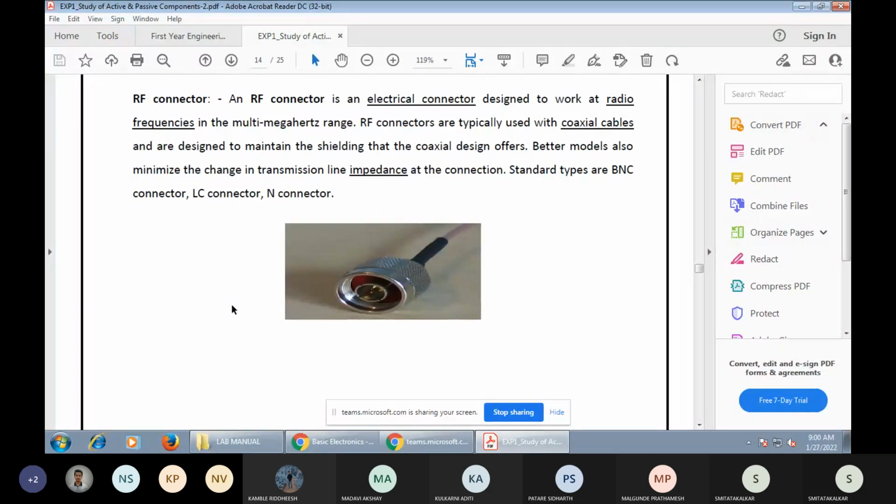That type of frequency we can carry over coaxial cable through the BNC connector, a standard type of connector, BNC, bidirectional network connectors, LC, and the N connector. All are networking connectors for radio frequency.